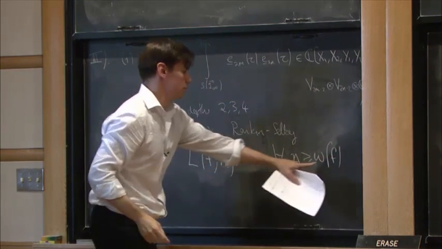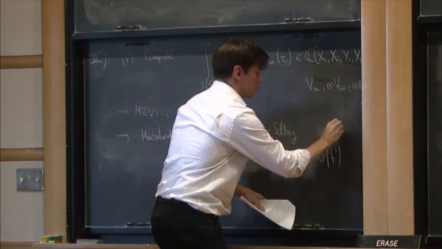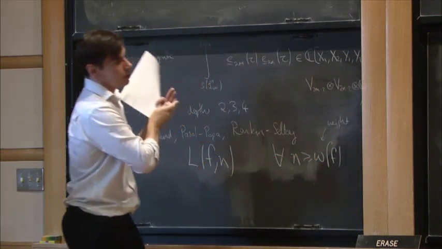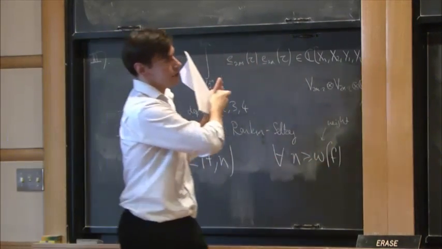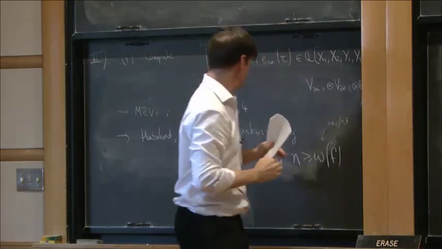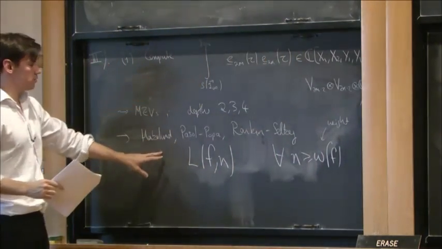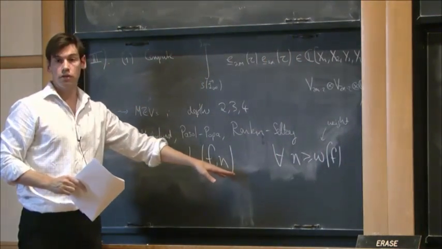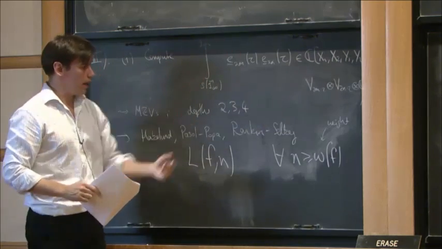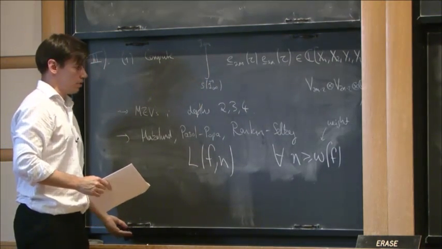Here W is the weight of F. Before we only had the L values strictly inside the critical strip, which are periods of pure motives. When you look at double Eisenstein integrals, you find special values of L functions everywhere to the right of the critical strip.